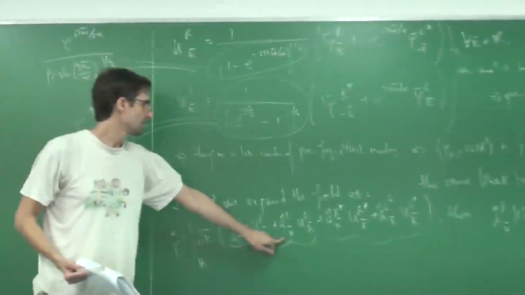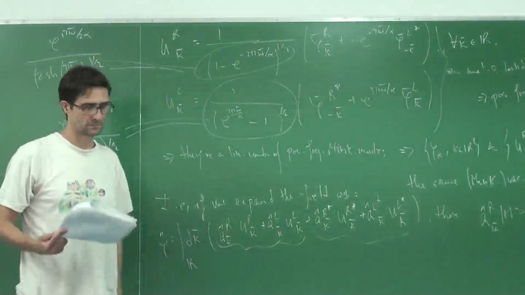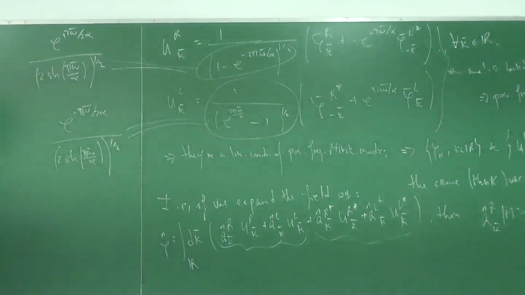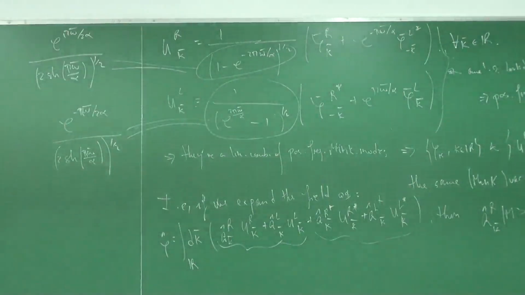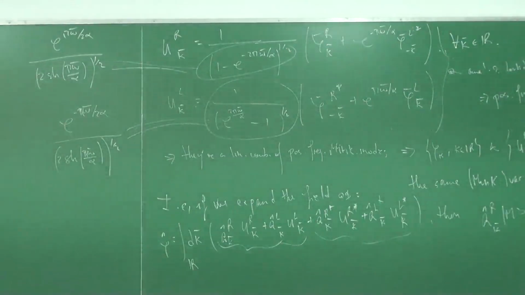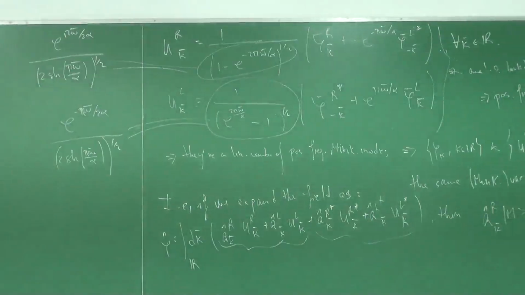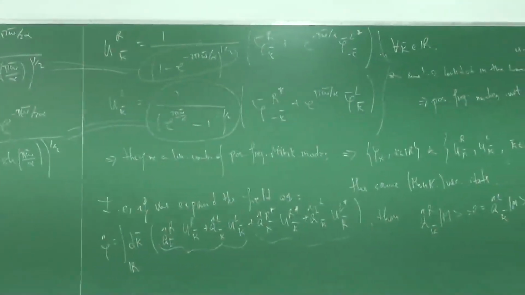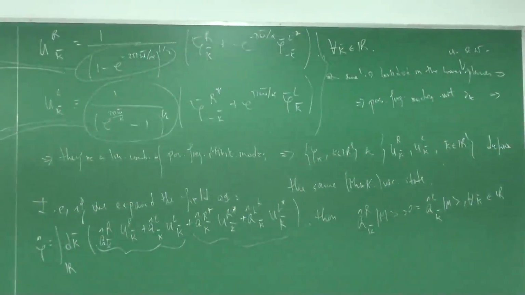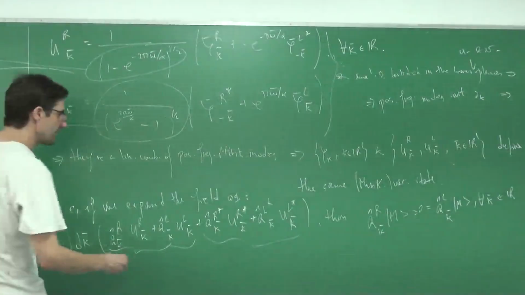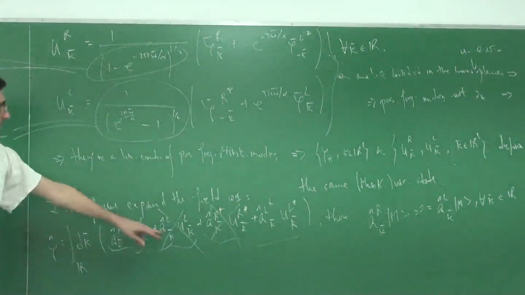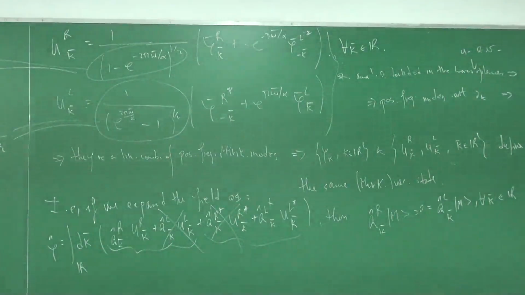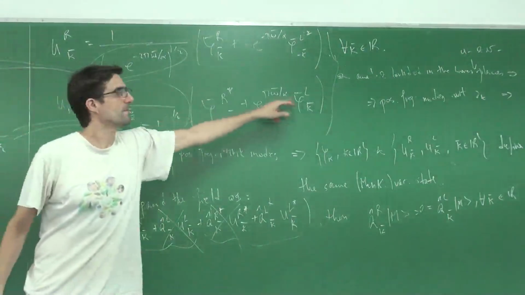So there's not going to be any contribution from this or this, because U_L k bar does not contain any phi bar R. It contains phi bar R star and phi bar left.